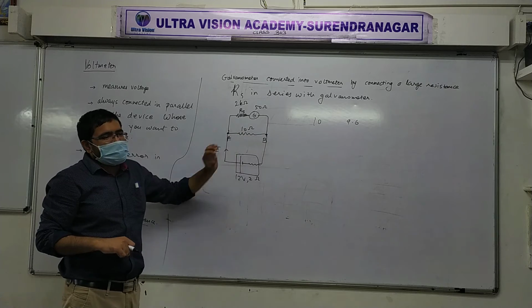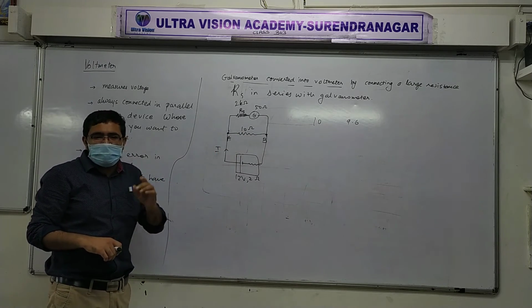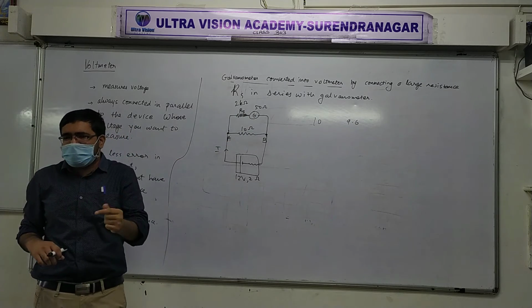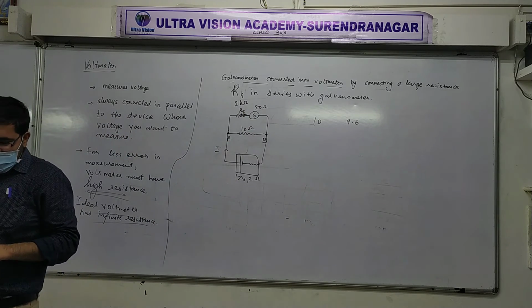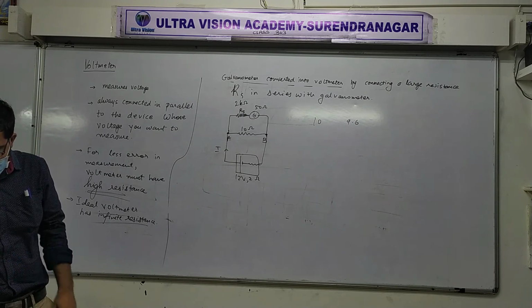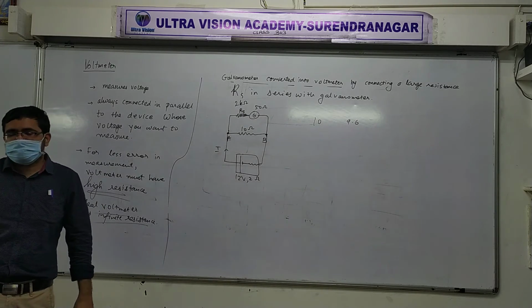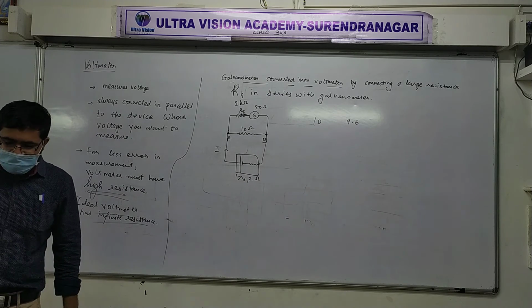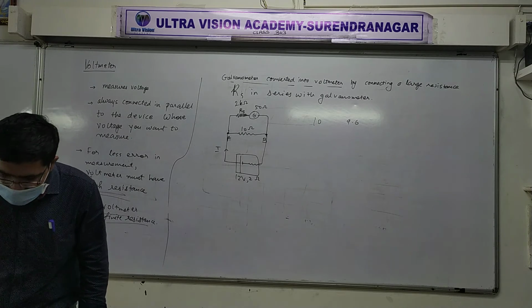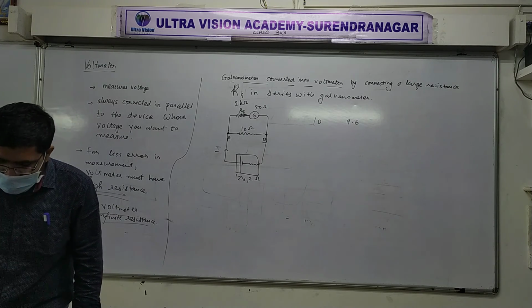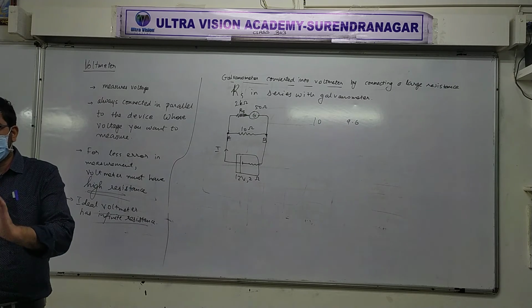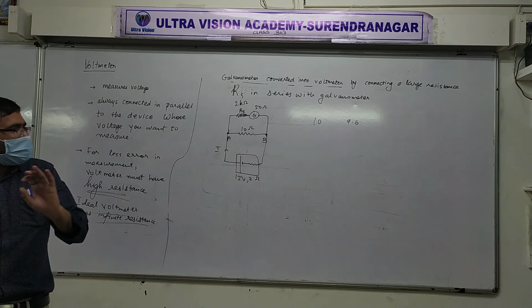2050 and 10 in parallel. Calculate the equivalent in your notebook: 2050 and 10 in parallel, equivalent is 2050 upon 206, which is 9.95. So it is nearly 10.